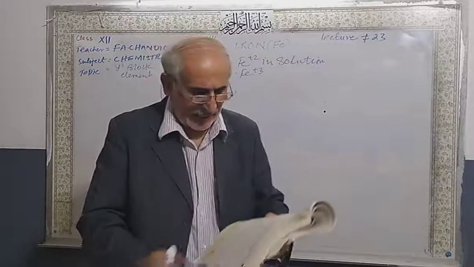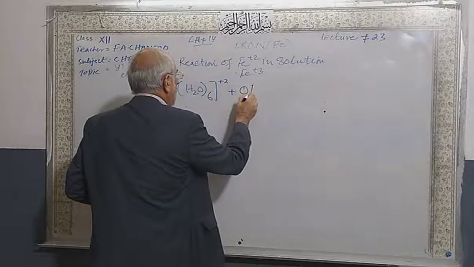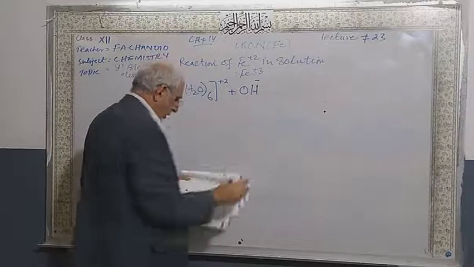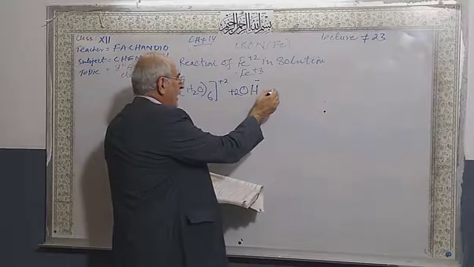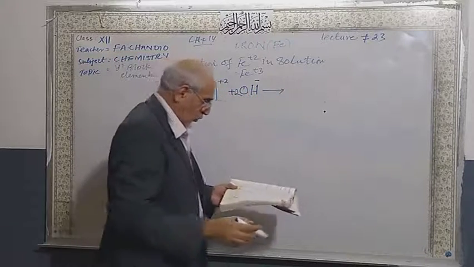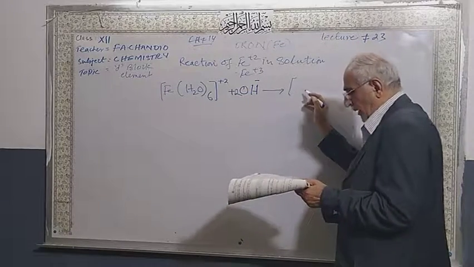So this is hexaaquairon 2 plus hydroxide ions, say 2 ions of sodium hydroxide, and you will get a neutral complex. What is the neutral complex?